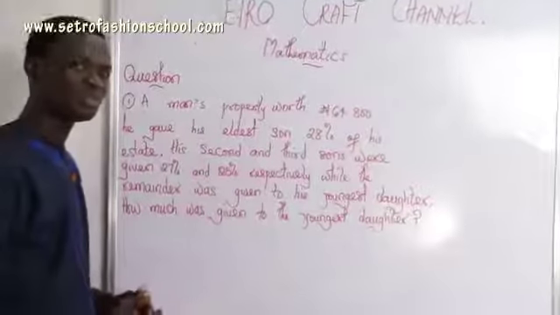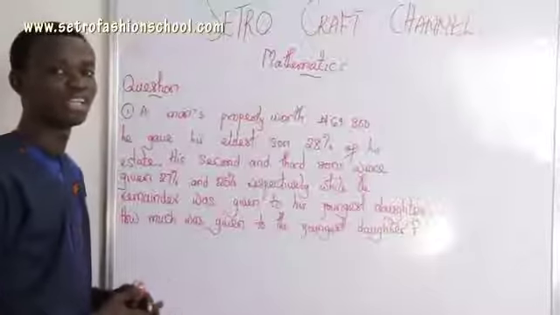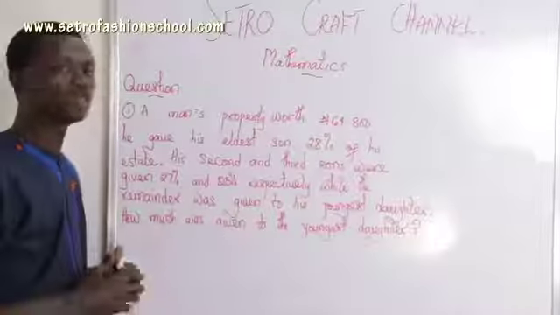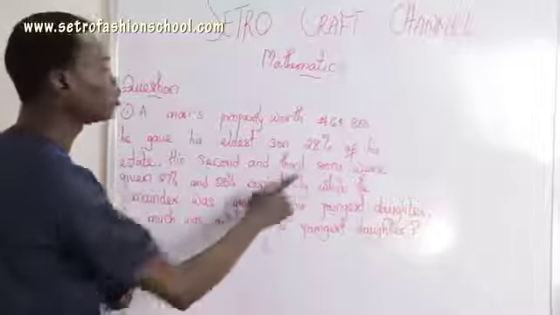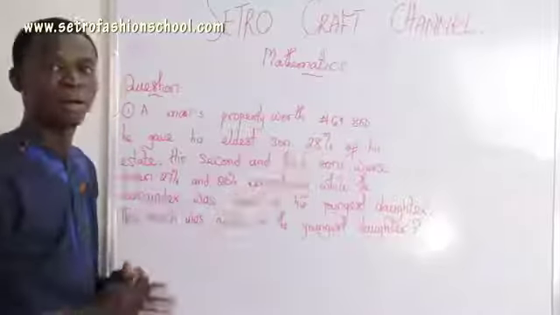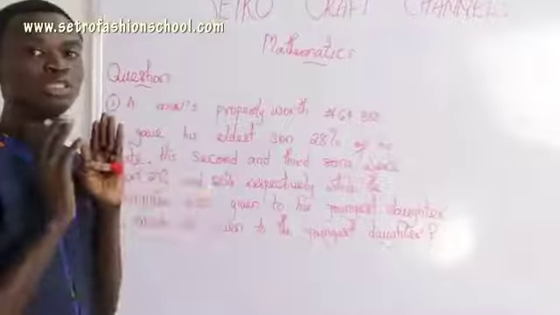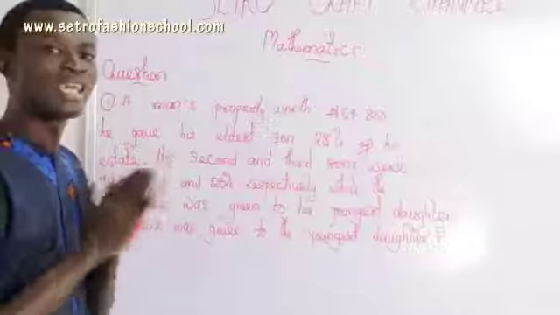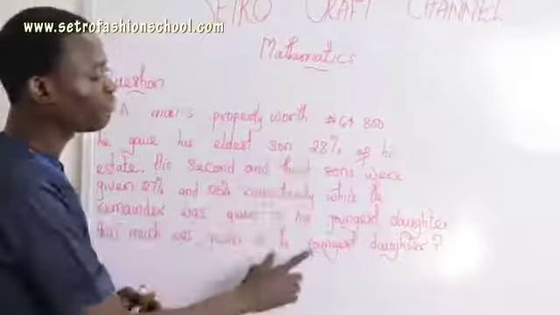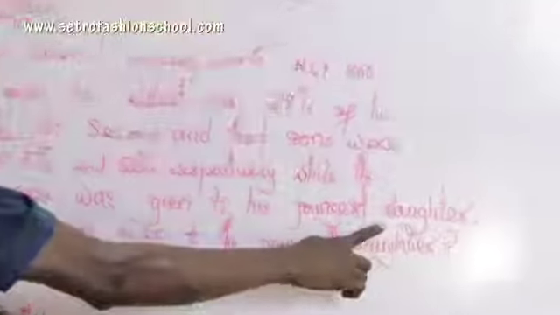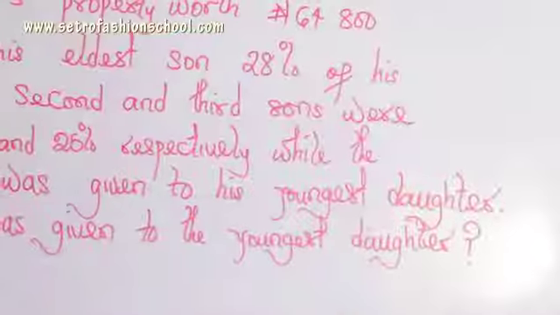What can we do to get the amount given to the younger daughter? First, take note of the percentage. The total percentage is equal to 100. We have to identify the percentage given to the youngest daughter. How can we do that?